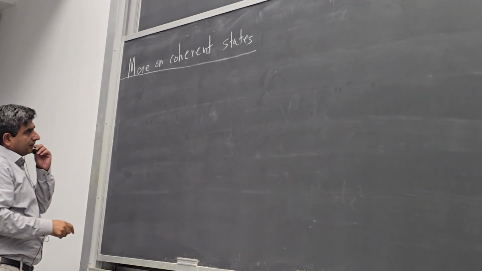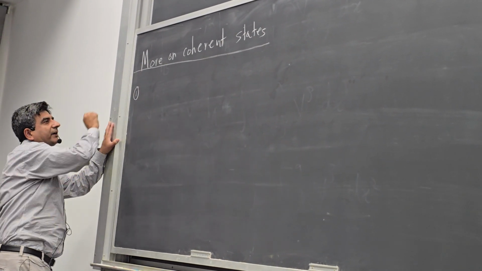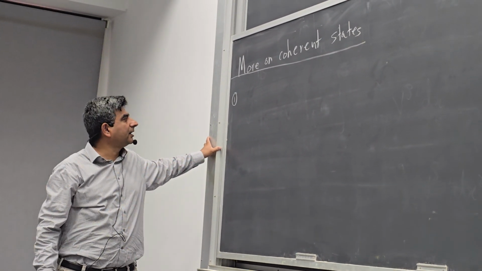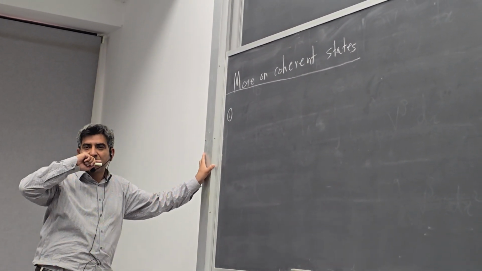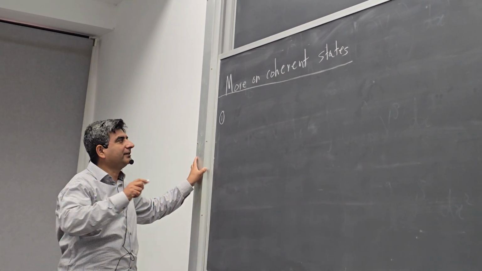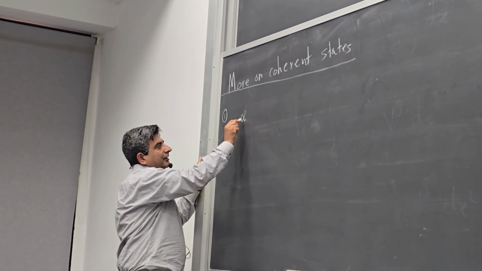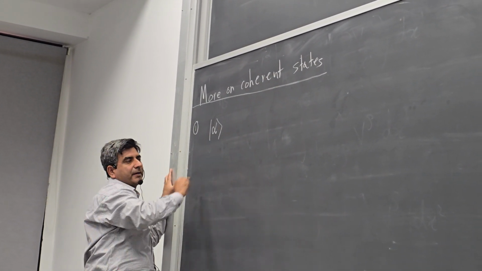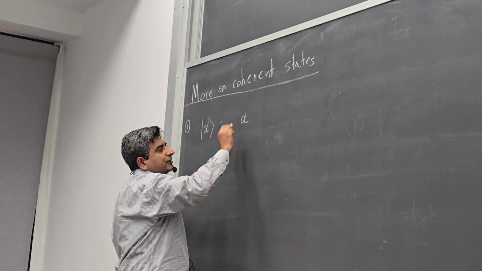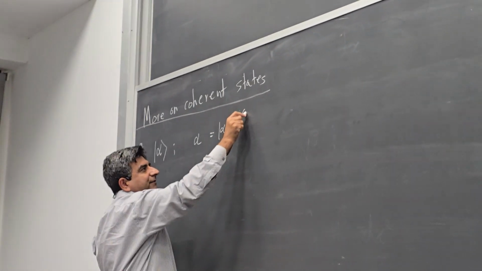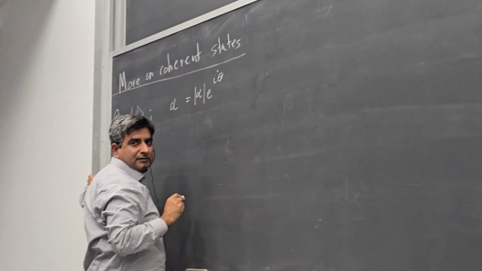So, the first point I'd like to discuss today is the relationship between a coherent state, ket alpha, where alpha is a complex number with some magnitude and some phase, of course.